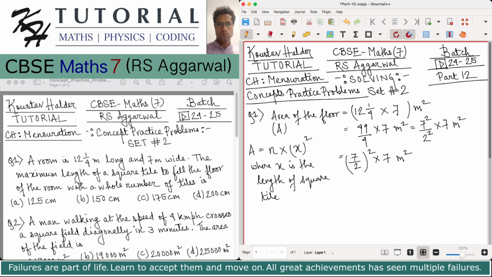So the area has to be expressed in the form of x square multiplied by n. So there has to be a whole number multiplied by a square of some number, that is x, which will be the length of the square tile. So the area is 49 by 4 multiplied by 7, and we have to maximize x, so that x square multiplied by n, and n can be any natural number greater than or equal to 1.